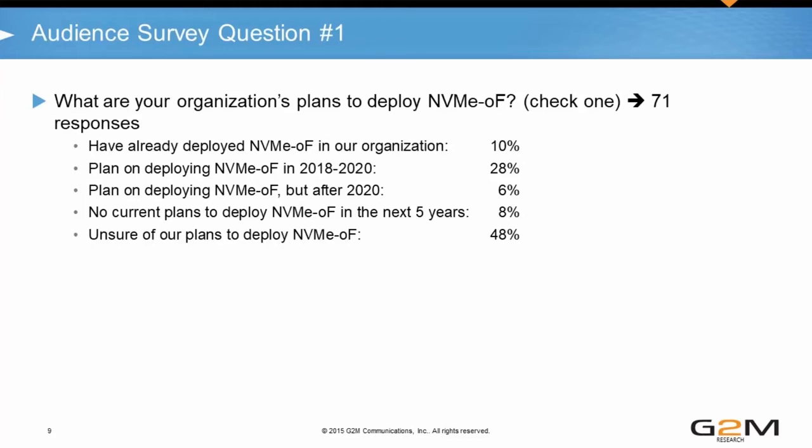You plan on deploying after 2020, after somebody else has found all the problems. You currently don't plan to install over the next 5 years, or you haven't figured it out yet. Personally, I suggest that not having figured it out yet is probably the most reasonable choice for those who aren't planning on installing next year.